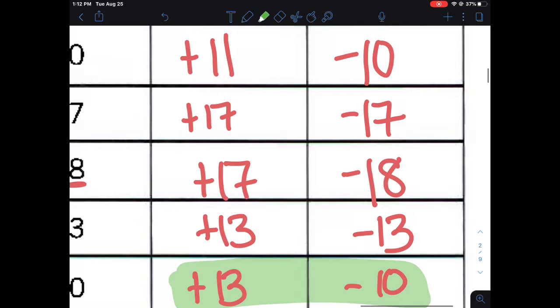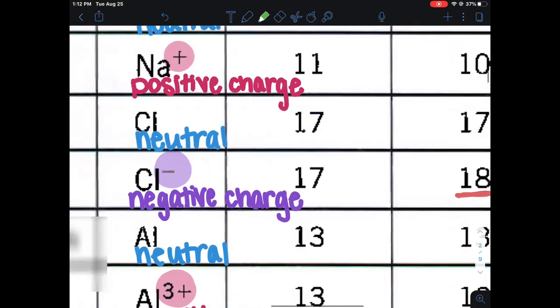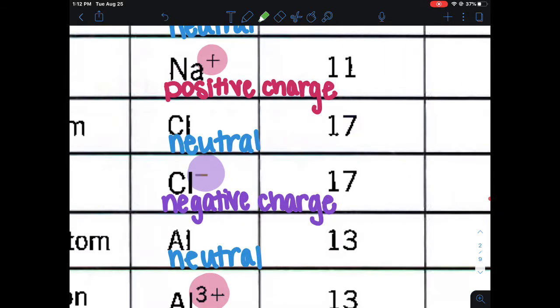If I added for this one right here, 17 plus negative 18 or 17 minus 18, we get negative 1. Thus, the negative symbol. The 1, remember, was implied. If that confuses you, you can always write the 1 in.